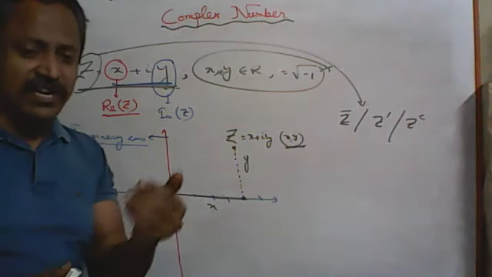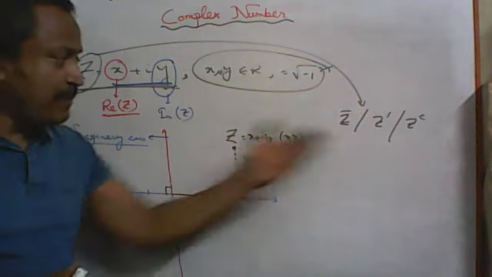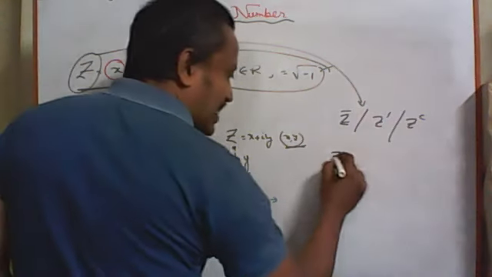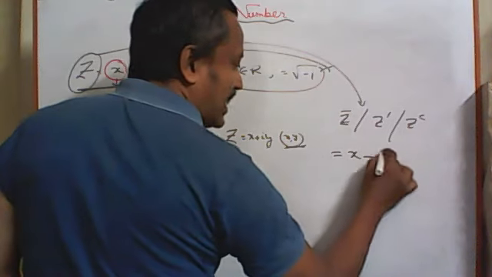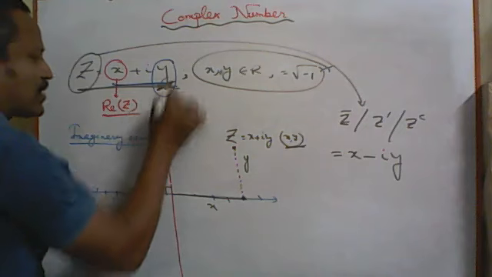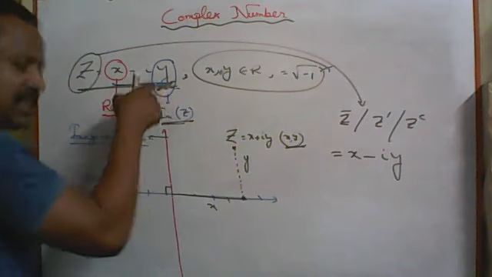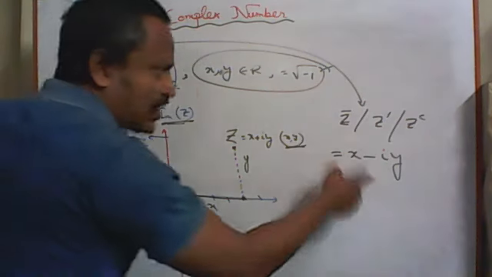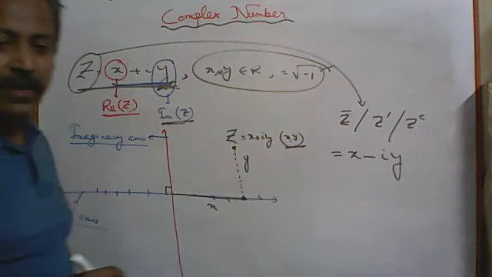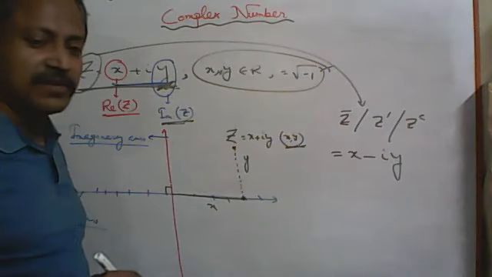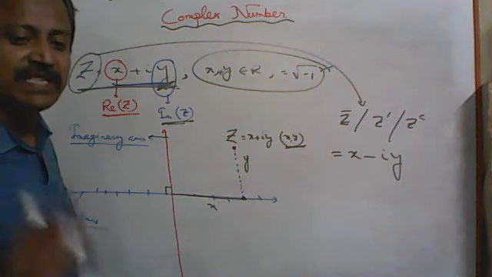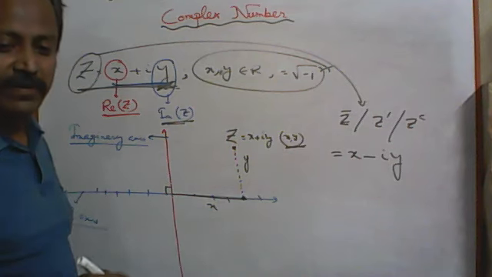But what is the definition? As per our definition, it is x minus iy, because here the imaginary part was y, and its sign being changed, we get the conjugate as x minus iy. So the conjugate of z, that is x plus iy, is x minus iy.